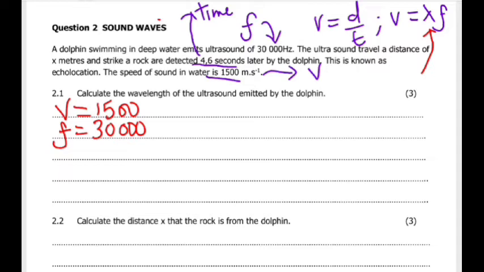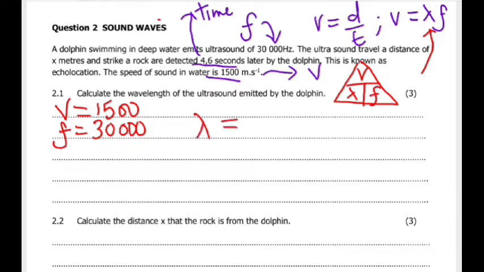So wavelength is going to be equal to speed over frequency. Remember the triangle? We said speed, wavelength, and frequency. Wavelength is speed over frequency.